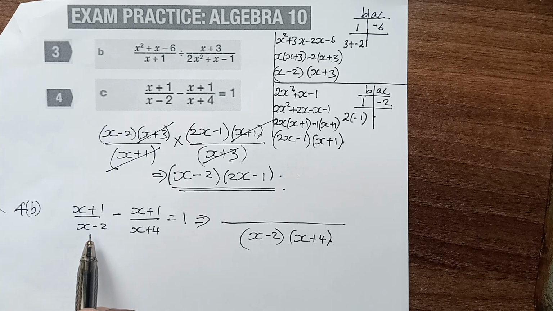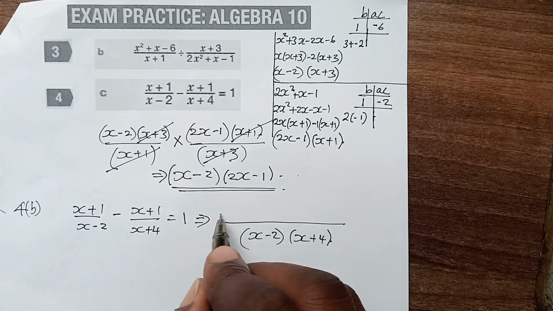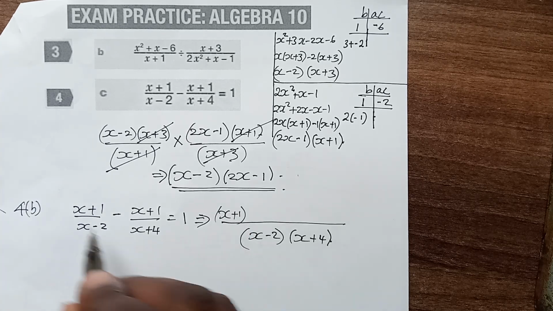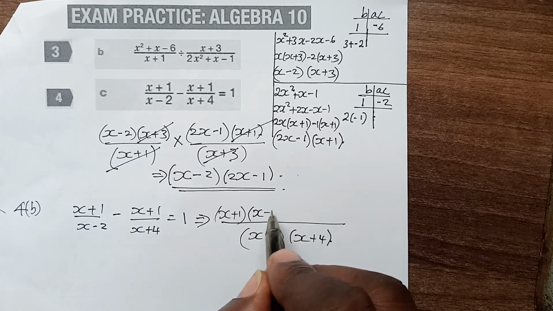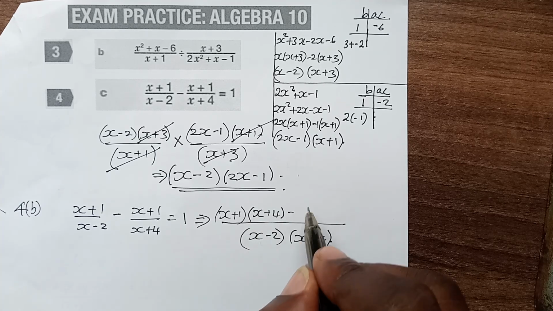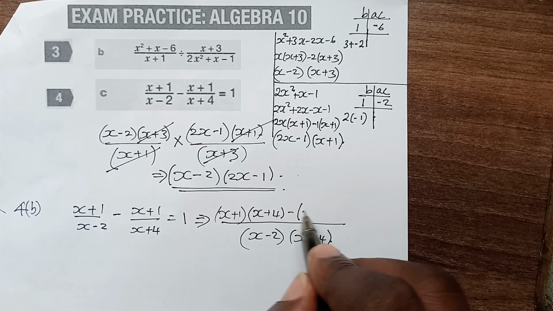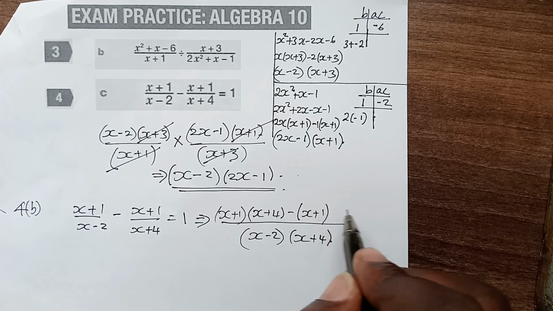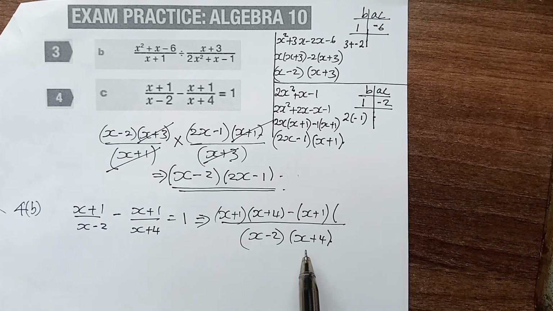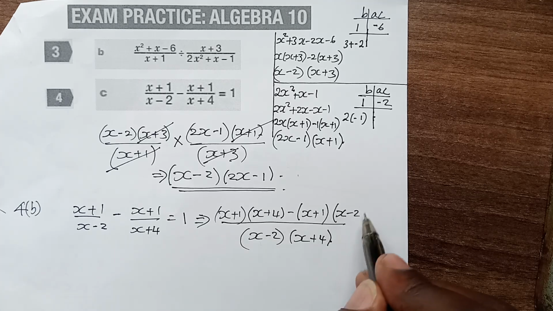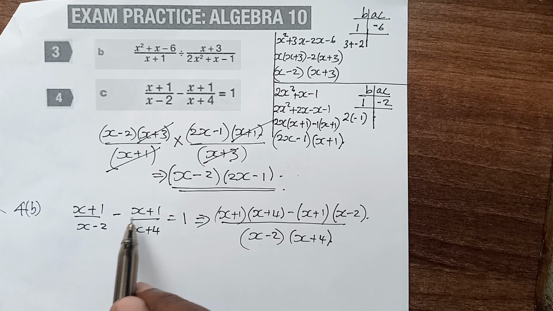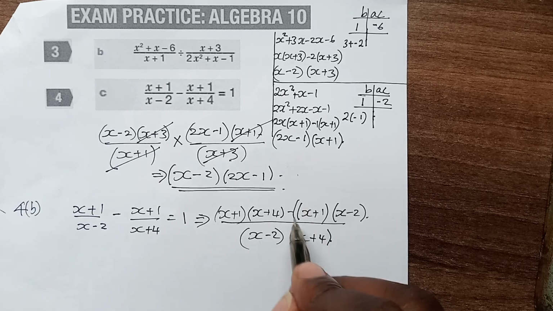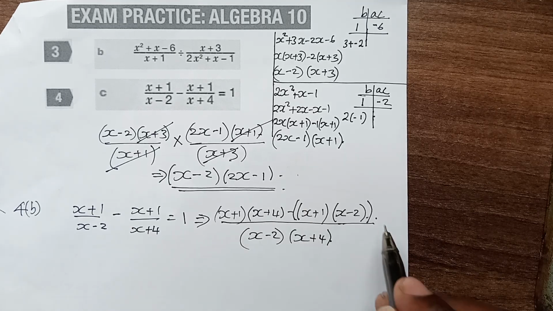This divided by this is x plus 4, and we have (x plus 1), this part, multiplied by (x plus 4), minus (x plus 1) multiplied by, now this LCM divided by this, we obviously get (x minus 2), and the whole of this part is to be subtracted, so there's a bigger bracket there.